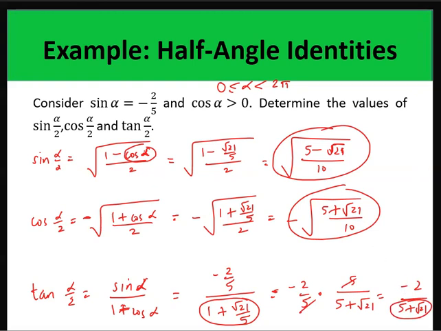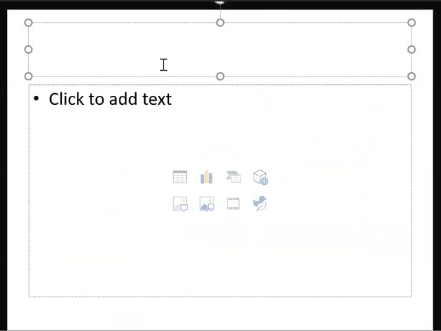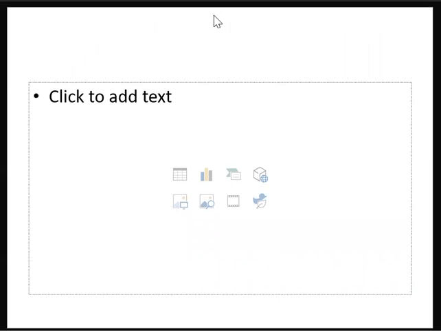Now, another thing to point out here is, suppose now that our angle, let's say, is 275 degrees. Let's suppose that we're looking for cosine of 275 degrees.